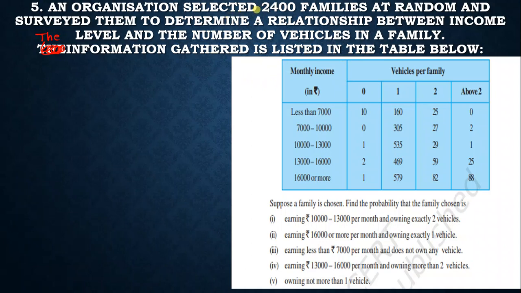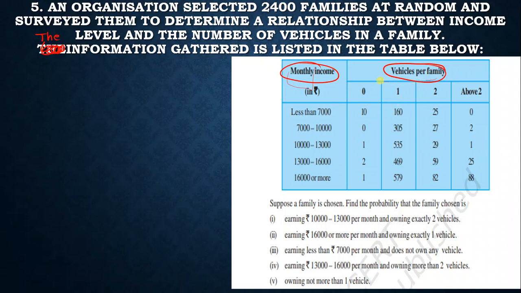So basically 2,400 families were selected at random, and they made a table where their monthly income and the vehicles that they have are shown. So they're just relating these two things, the monthly income and the vehicles per family.